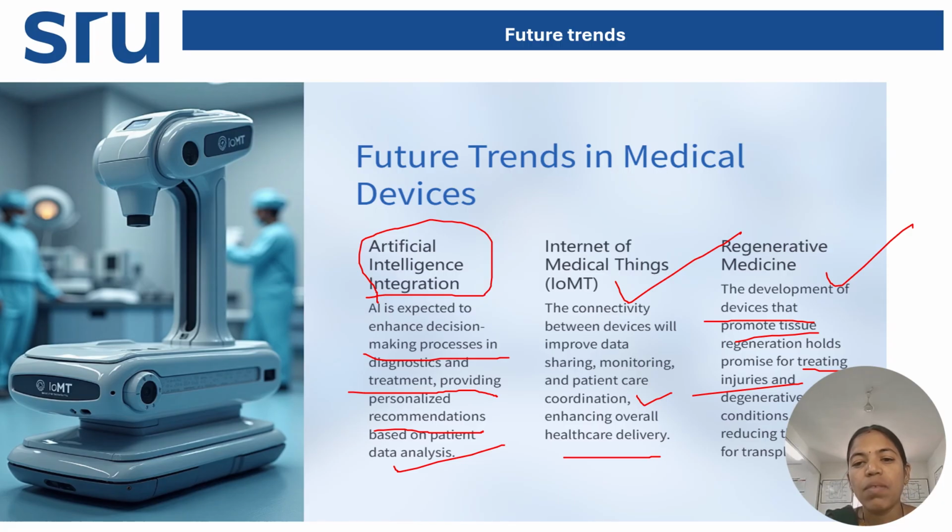So these are the future trends we can expect in the field of medical devices. Artificial intelligence integration: with the help of AI, we can make decisions, based on that we can further improve the condition of the patient, and provide personalized recommendations, what is suitable for the patient and what is not suitable.